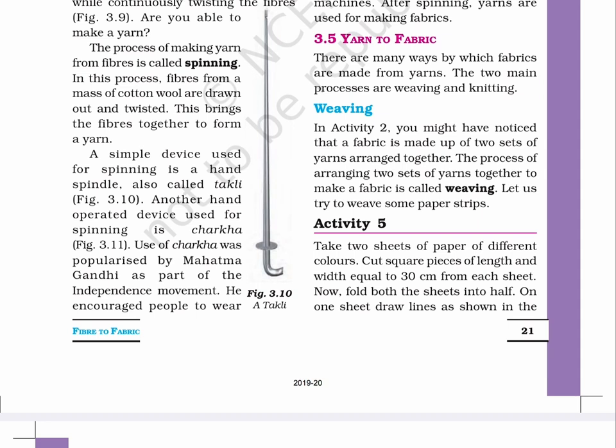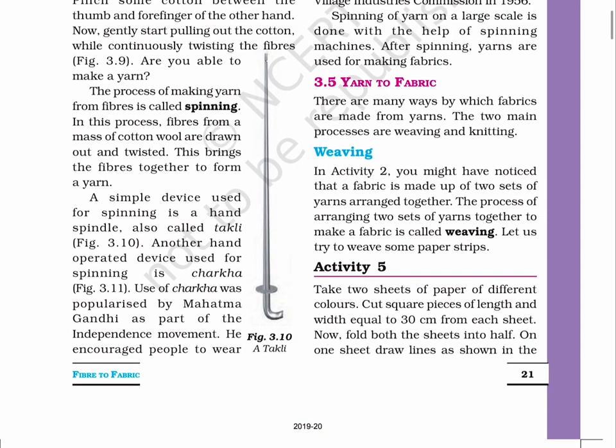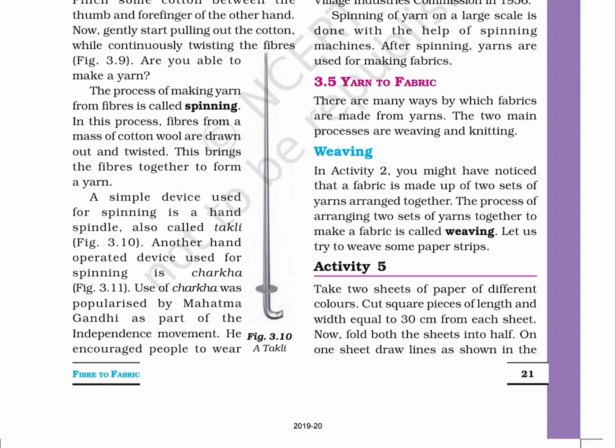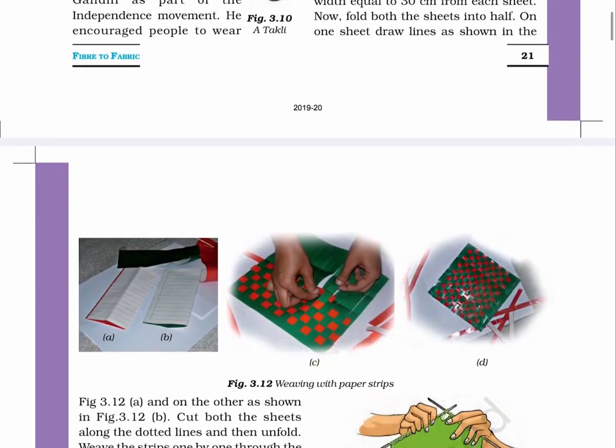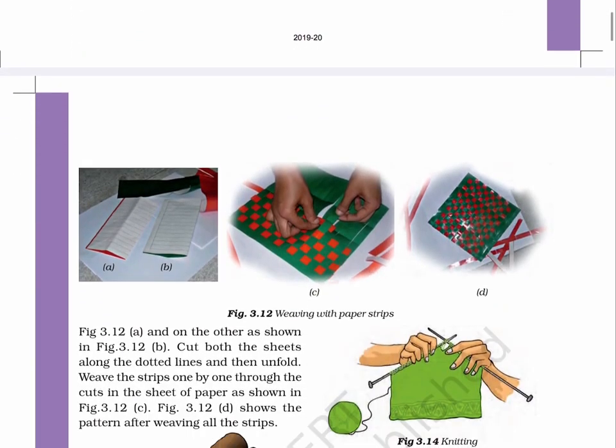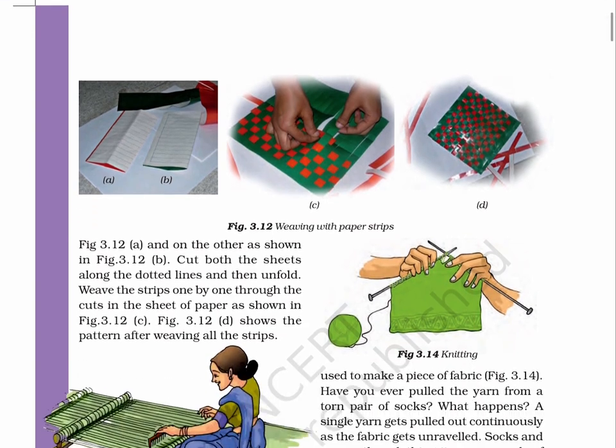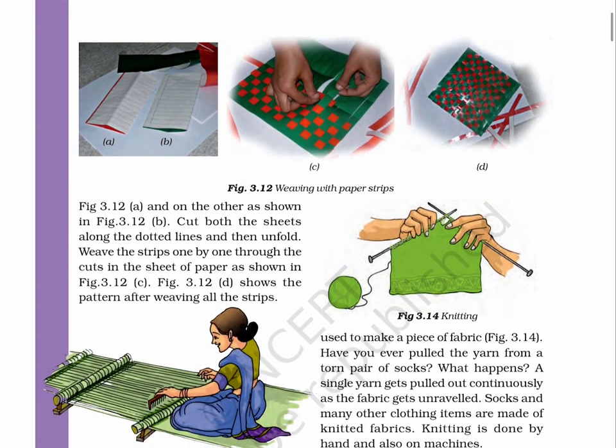On one sheet, draw lines as shown in the figure 3.12a and on the other as shown in figure 3.12b. Cut both the sheets along the dotted lines and then unfold. Weave the strips one by one through the cuts in the sheet of paper as shown in figure 3.12c.